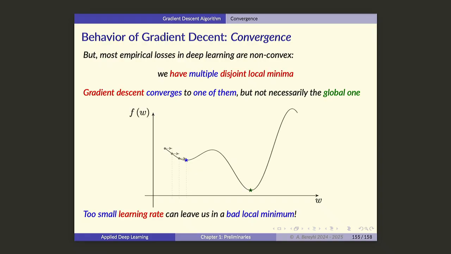But if you start at this one, then you are not going to jump out of it anymore. This is the reason that I tell you it's not always the best idea to take the smallest step. But is it random that we end up with one minimizer? Exactly, that is the case.